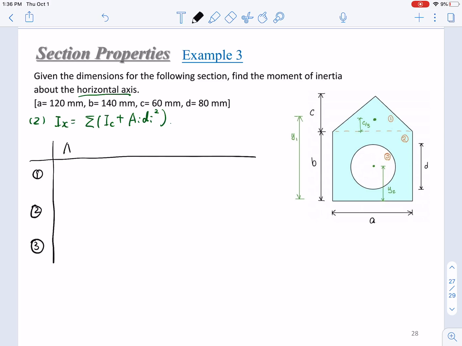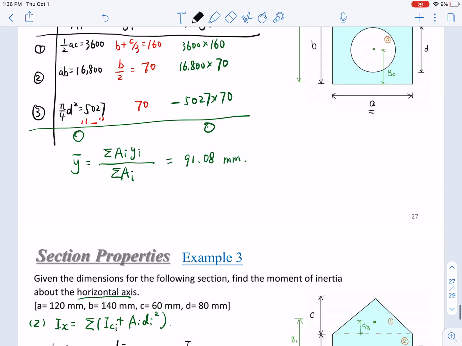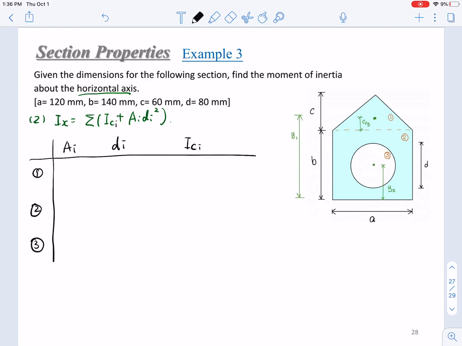Then we have Ai, di, and then we'll calculate Ici. Okay. Ai has been calculated: 3,600, 16,800. Here is a 5027. Again, this is a negative area.